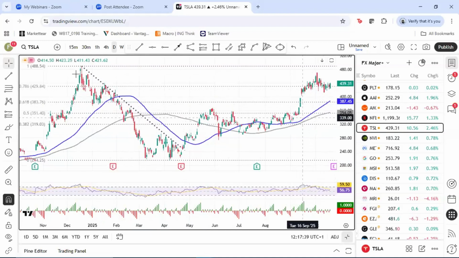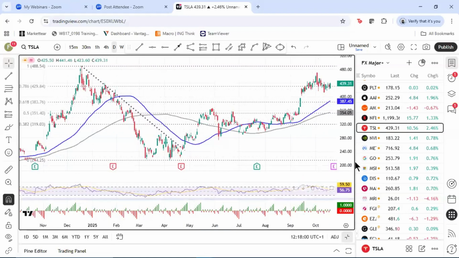And then below that, 351 is the halfway point pretty much of this move lower. So that's Tesla, just for your guide, and some info on what main points to look out for after the close on Wednesday with the release of their results.